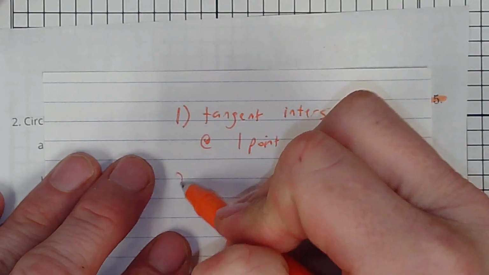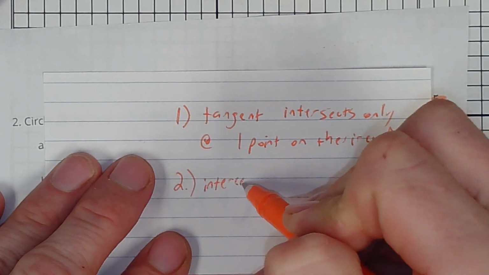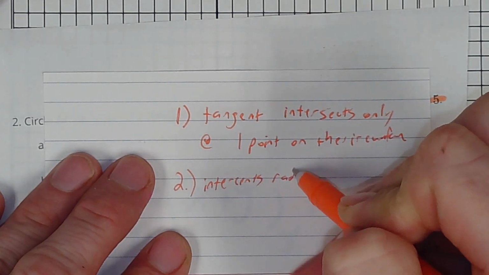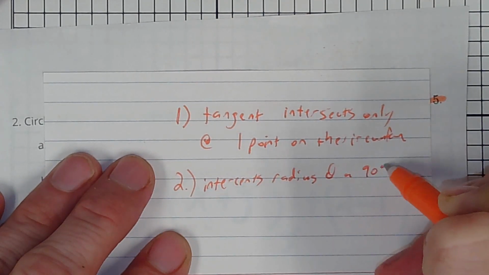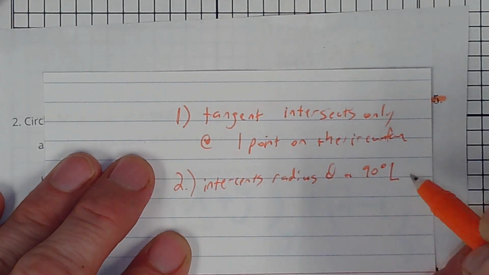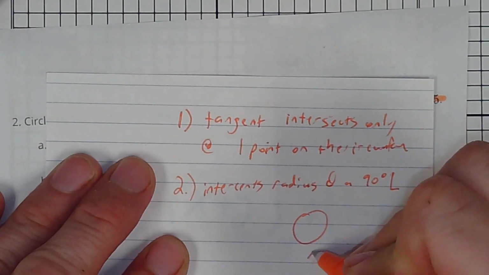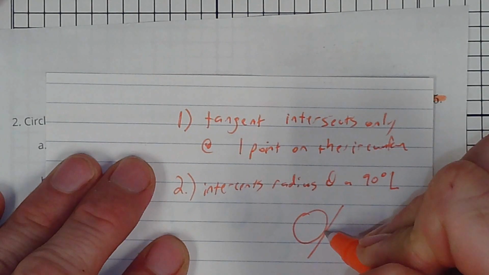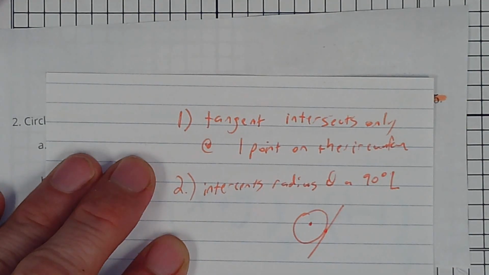And two, it intersects my radius at a 90-degree angle. So that means, real quick drawing, I have a line coming through here, intersects right there, and say this is my center.